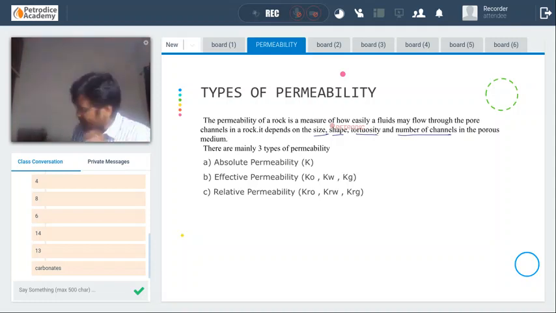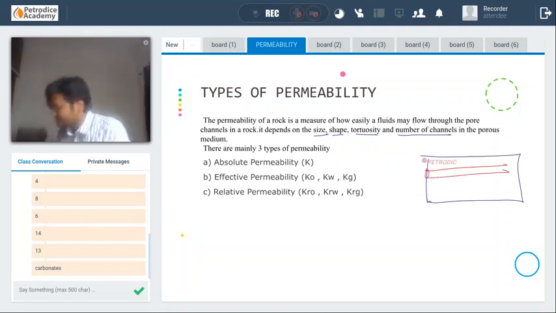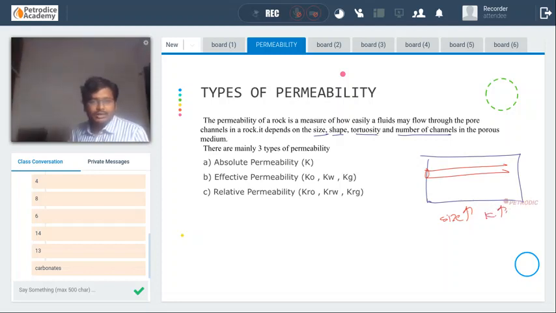See guys, if in a particular rock system the size of each channel increases, the permeability will increase. Next is the shape. Shape is nothing but tortuosity, the way this particular pore channel is present.